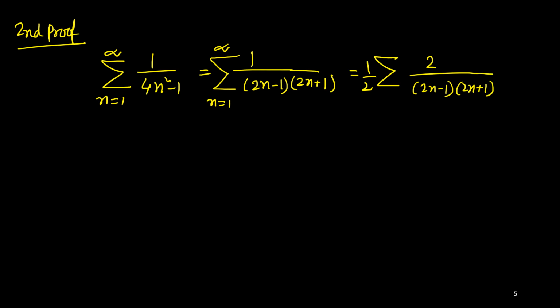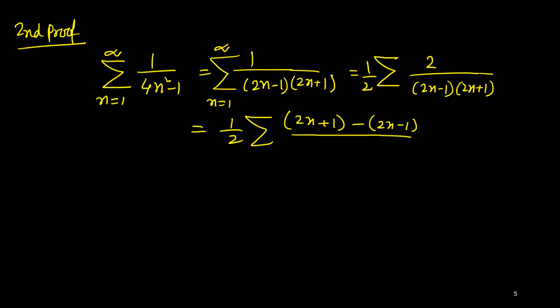Now this 2 we can replace as 2n plus 1 minus 2n minus 1 upon 2n minus 1 and 2n plus 1. Here the 2n's cancel out, and minus 1 and plus 1 will give you 2.